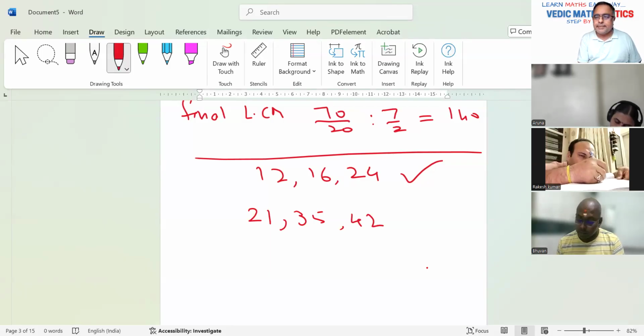The HCF is 7, LCM is 210. Okay. Yes, Rakesh, Aruna.